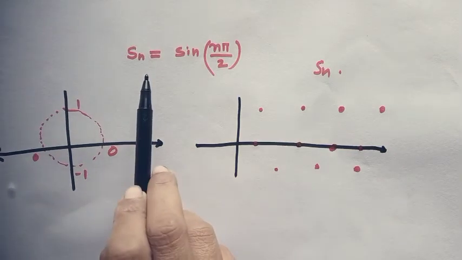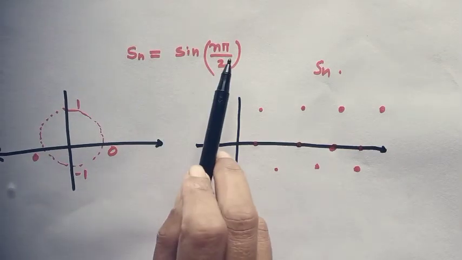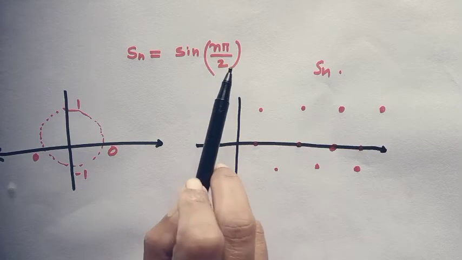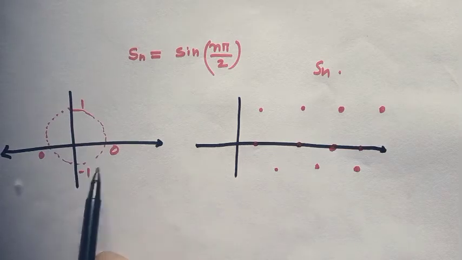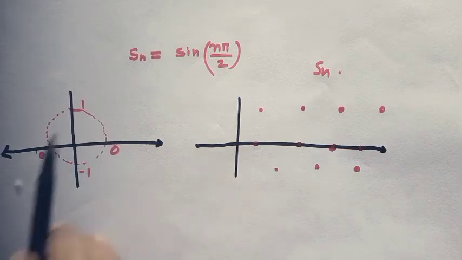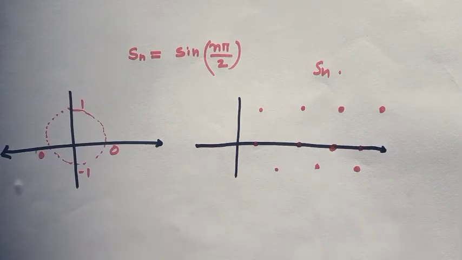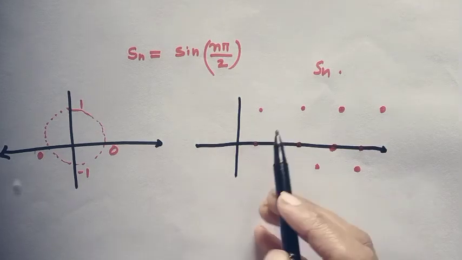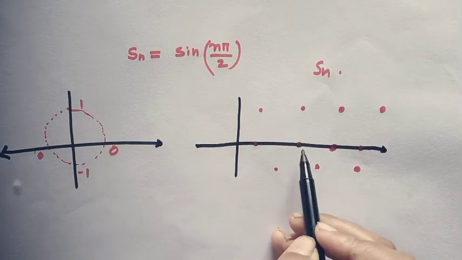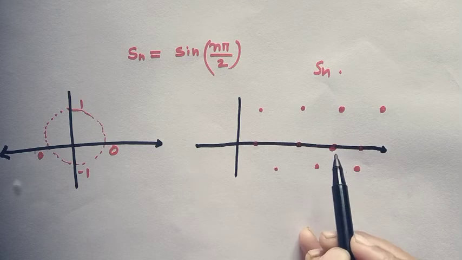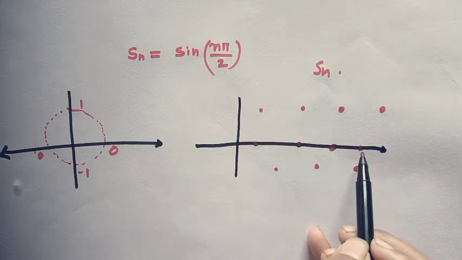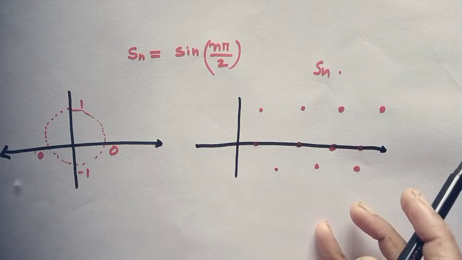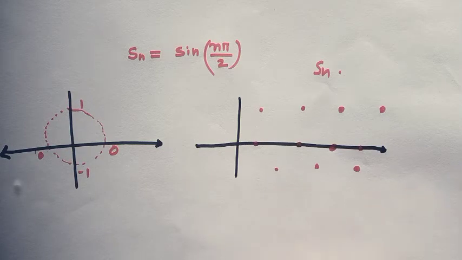When n equals 3, sin(3pi/2) equals -1. So the sequence looks like 1, 0, -1, 0, 1, 0, -1, 0, 1. Okay?